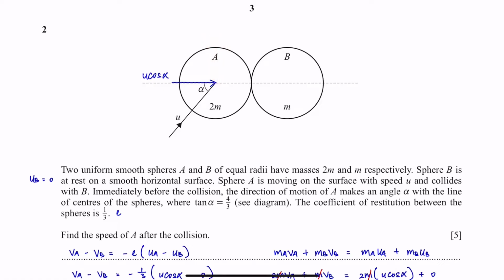So when we resolve in the vertical direction, we know that this is alpha, so this would be u sine alpha.